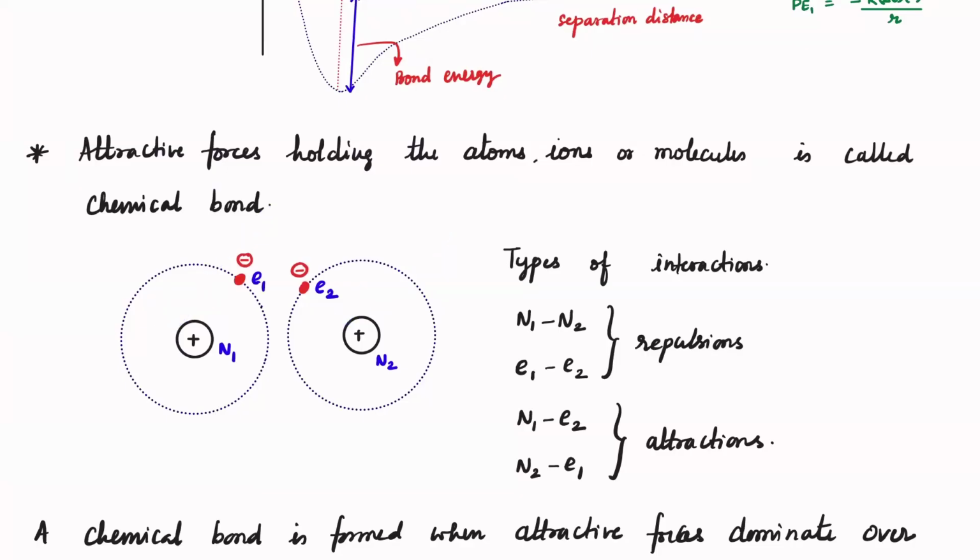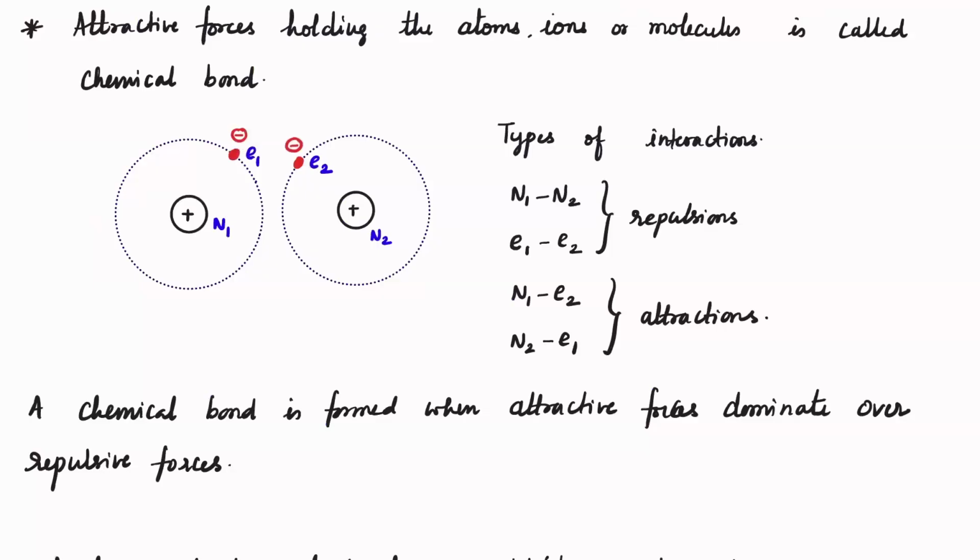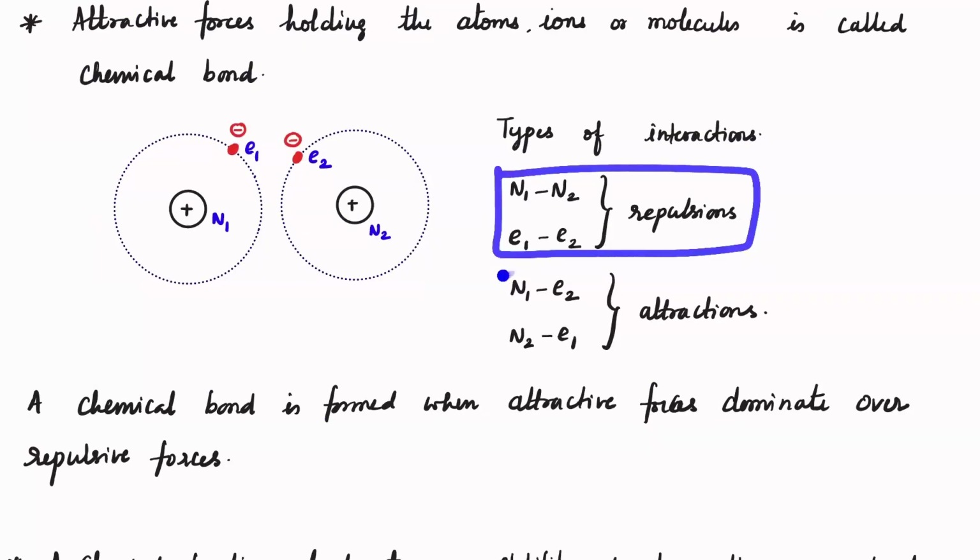The electrons present on the outermost shell are attracted by nucleus 2, and the electrons present in the outermost shell of the other atom are attracted by nucleus 1. These two would be the ones which are attracting. Of course, these two nuclei will also have repulsion. These two electron densities will also have repulsion. So there are two levels of repulsions and two levels of attractions.